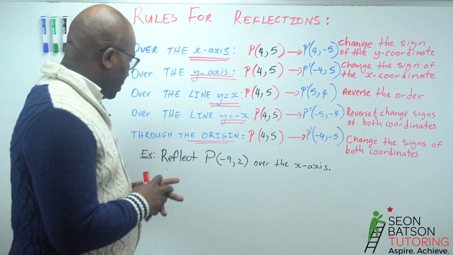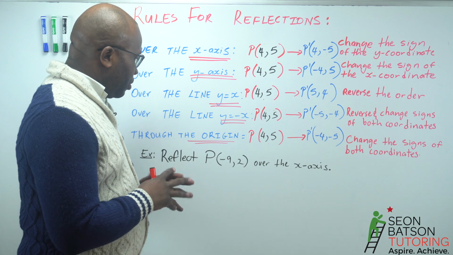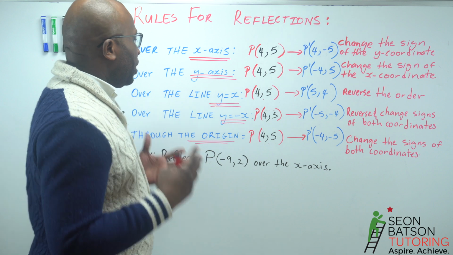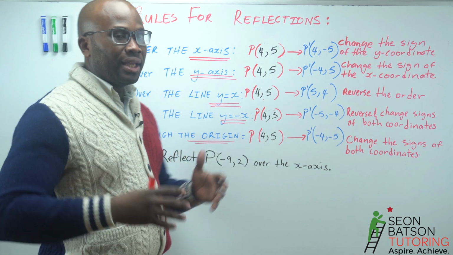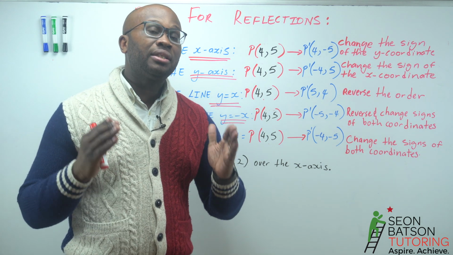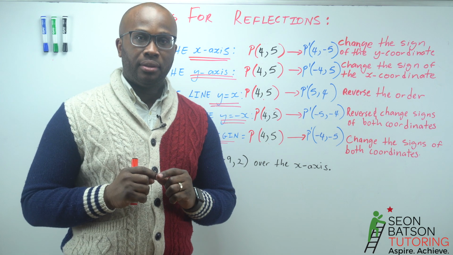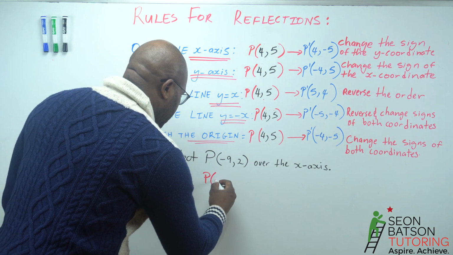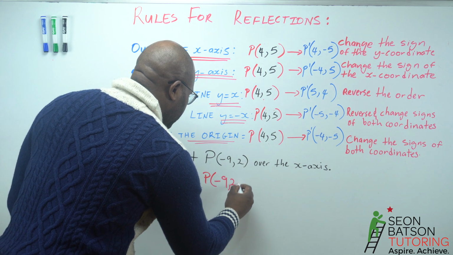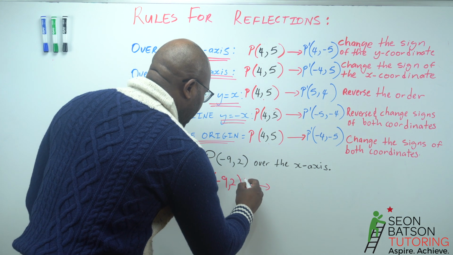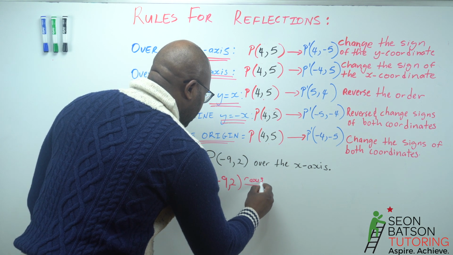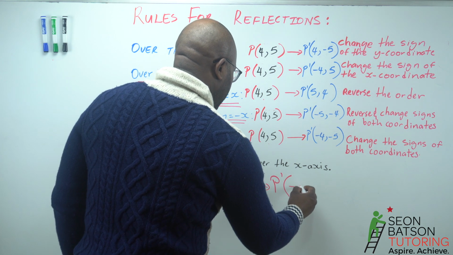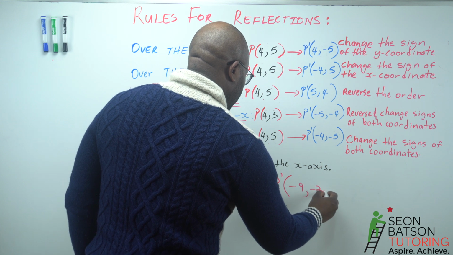So here we have the first example: reflect the point negative 9, 2 over the x-axis. Now what does the rule say? When we reflect over the x-axis, we will change the sign of the y-coordinate. Yes? So if I reflect this point here, P is equal to negative 9 and 2, and I reflect it over the x-axis, P prime becomes negative 9, negative 2.